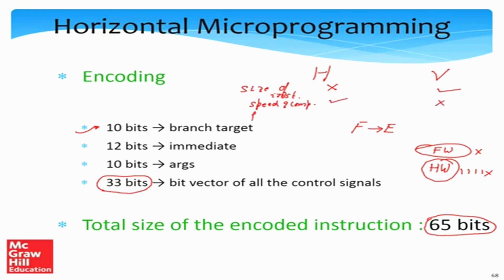If I consider flexibility of changing the control signals or other simple details of the hardware, horizontal has no flexibility at all, whereas vertical microprogramming still gives you some amount of flexibility. So there is clearly a trade-off between both approaches. It's not the case that one approach is strictly better than the other. So these have to be kept in mind.